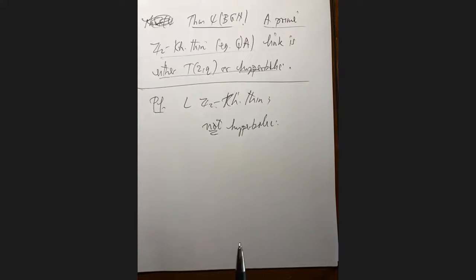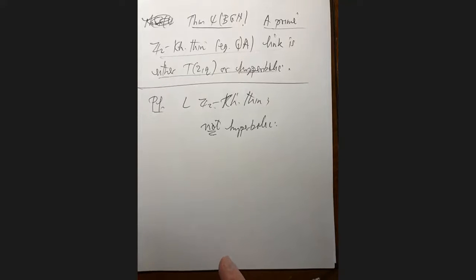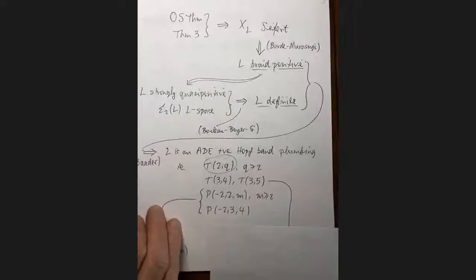But we show that if you have a toroidal link, then the double branch cover is never an L-space. That was theorem 3. So taking the Ozsváth–Szabó theorem together with theorem 3, the exterior can't be toroidal, and we're assuming it's not hyperbolic, so it must be a Seifert fiber space.